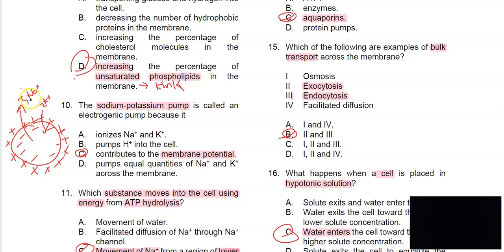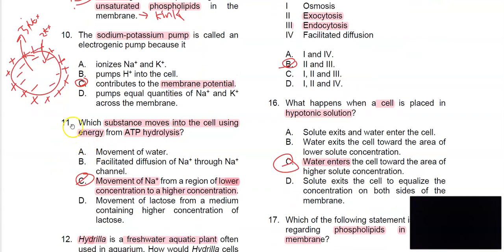So more positive charge moves out of the cell and less positive charge moves into the cell. This will create a membrane potential, a difference in the charge of the plasma membrane outside and inside of the cell. Outside is positively charged, inside is negatively charged. This will create membrane potential.